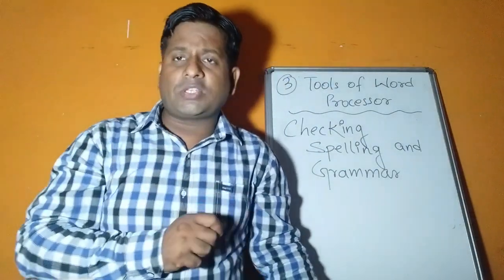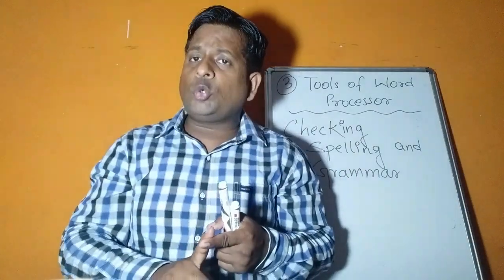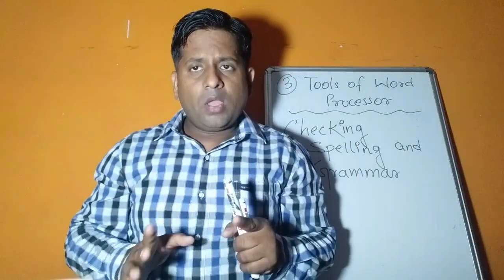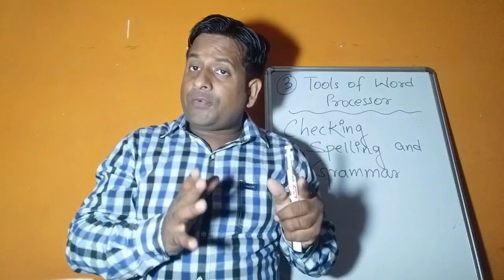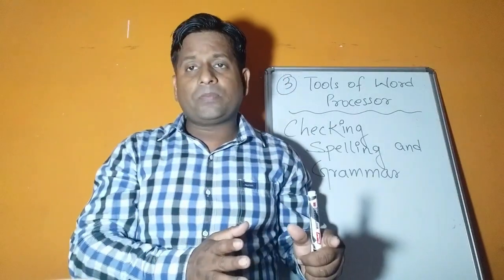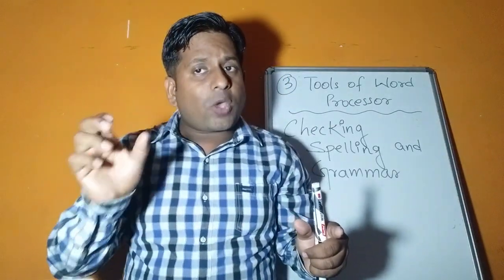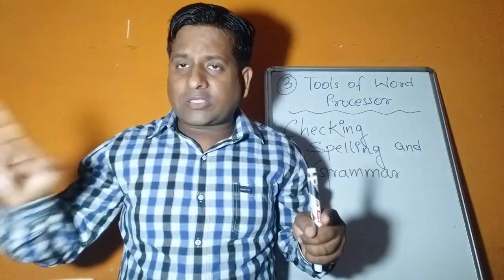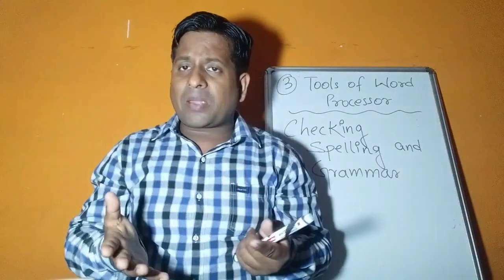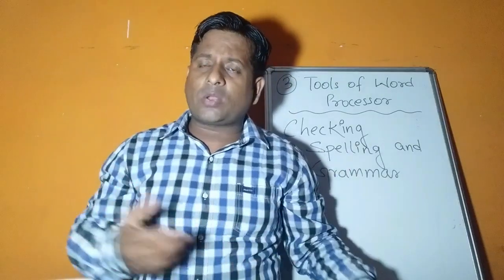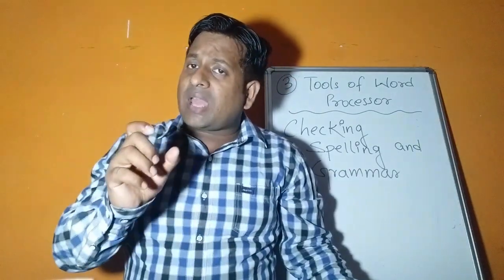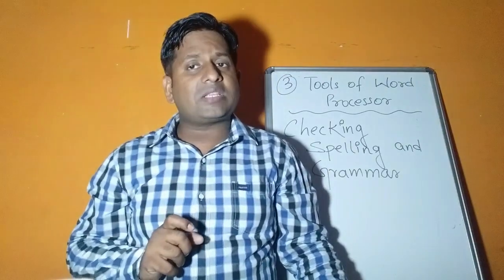You will get some suggestions when you go to spelling and grammar check. If the suggested list contains the text which you made a mistake in, you can rectify that. But sometimes we don't get any words, like basically for nouns, names and all, that don't appear in the list of the Microsoft Word dictionary.